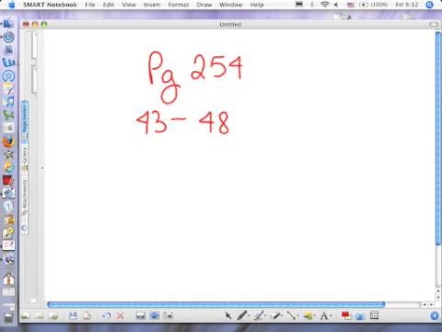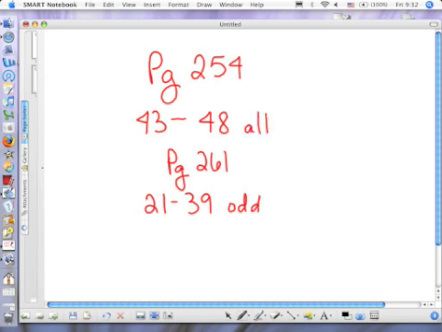And then on page 261, 21 through 39 odd. And that'll give you practice on the fractional exponents and working with them. This is assignment number 19.